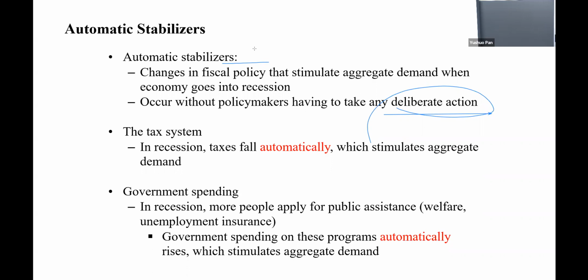Government spending on these programs automatically rises during recession, which is going to stimulate aggregate demand immediately, really fast. That will help the economy immediately. All right, and this is the automatic stabilizers.